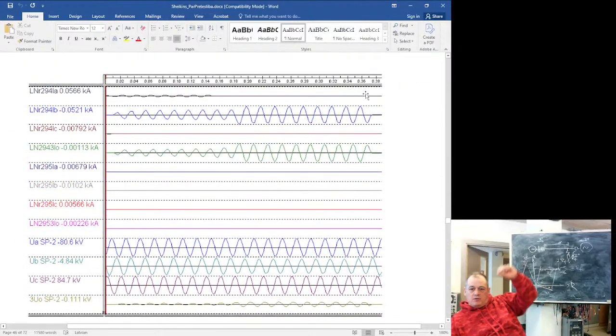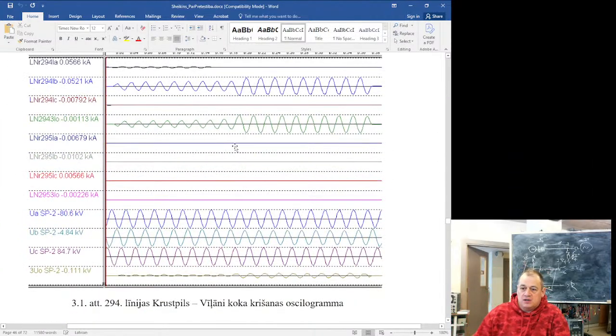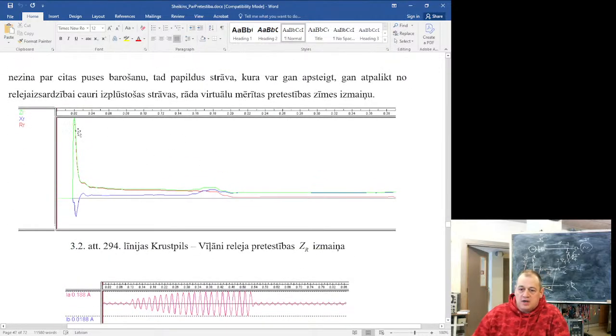It's an actual fault record from a 110 kilovolt line. Phase current, zero sequence. Here is calculated resistance. Green line is full resistance, blue reactive part, active part.